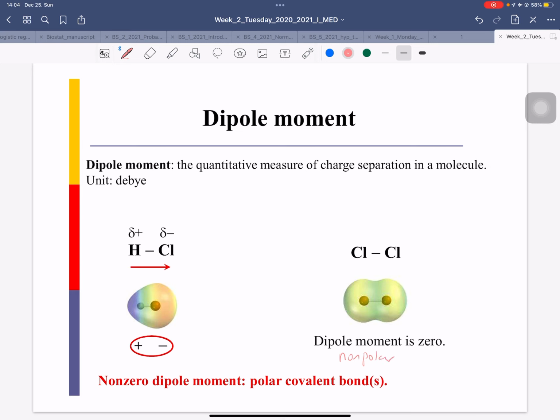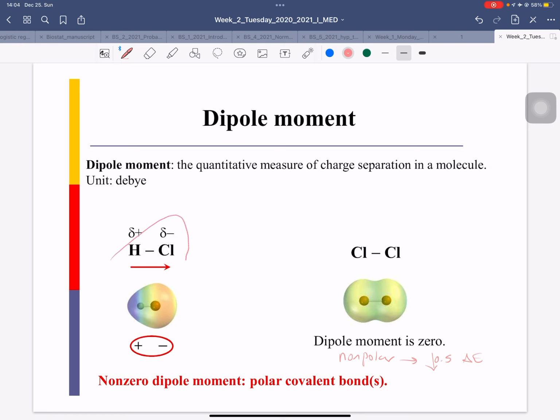It is a very good rule we studied before: if the electronegativity difference is less than half, in this case it is non-polar. But as you see in HCl, hydrogen chloride, chlorine has a high electronegativity compared to hydrogen, so more electron density goes to the chlorine side.